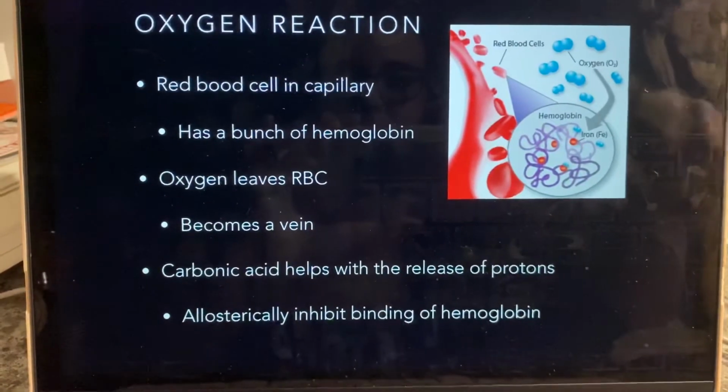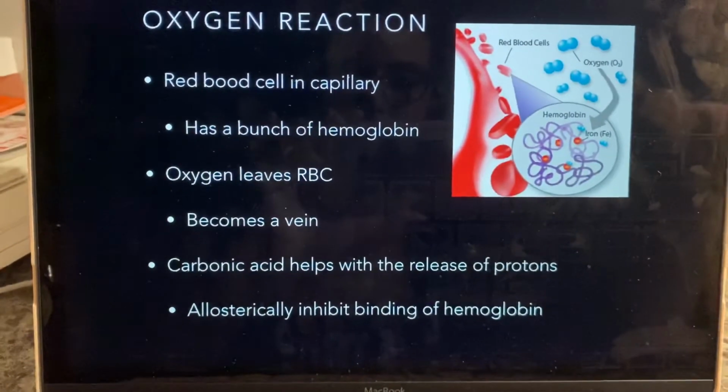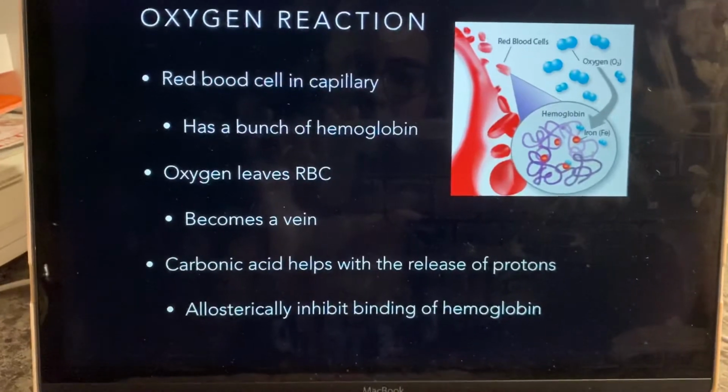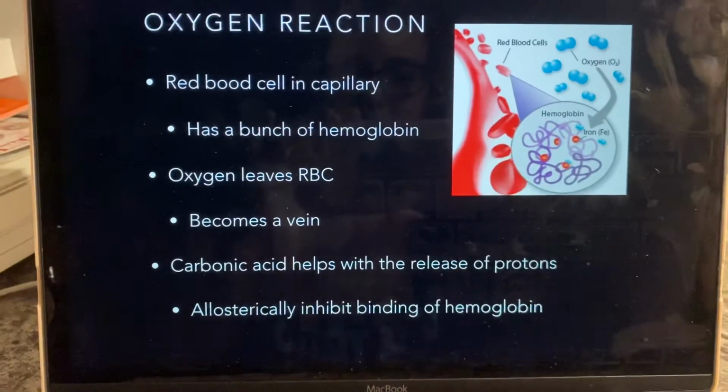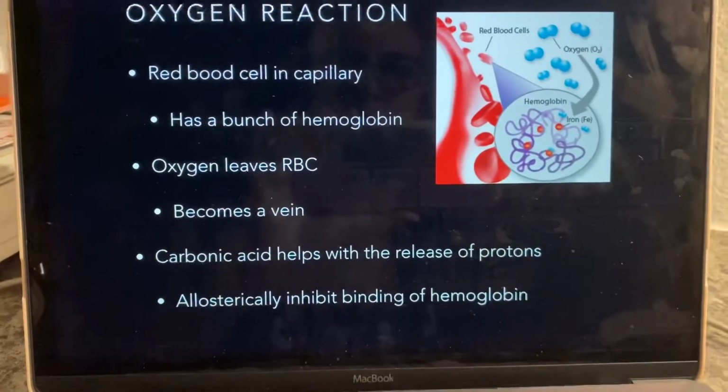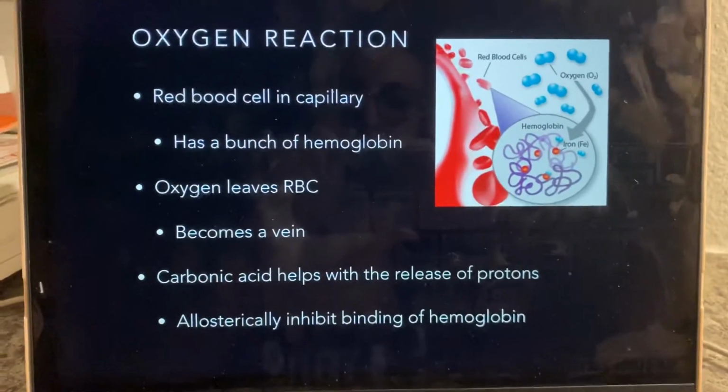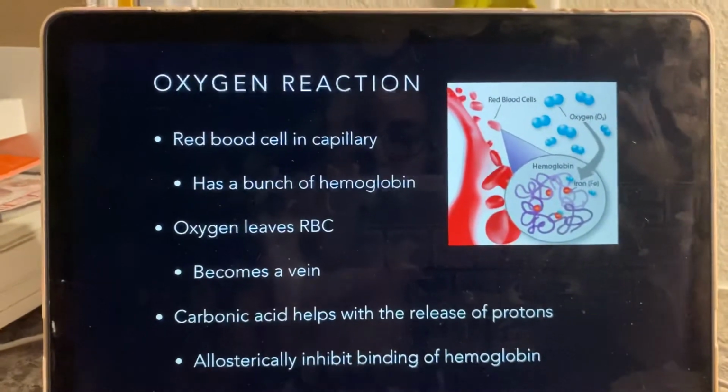Through this, the carbonic acid being produced in this reaction helps with the release of the protons, which helps to allosterically inhibit the binding of the hemoglobin.